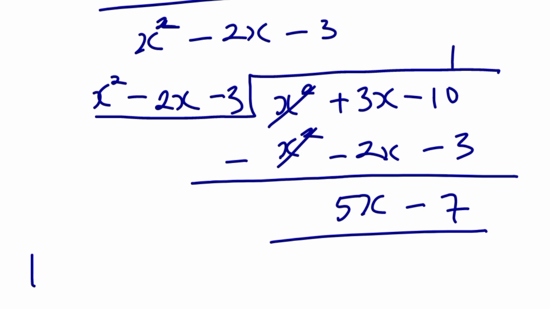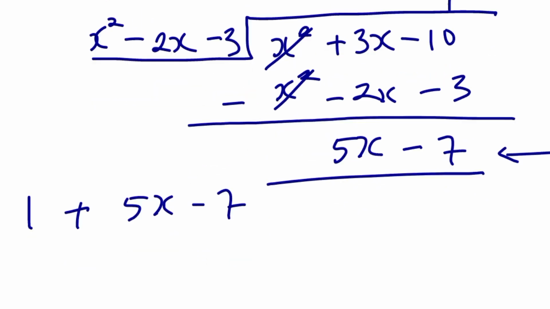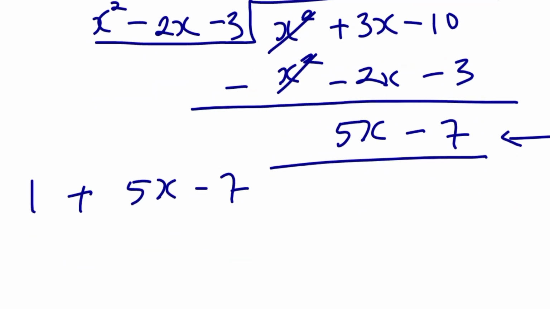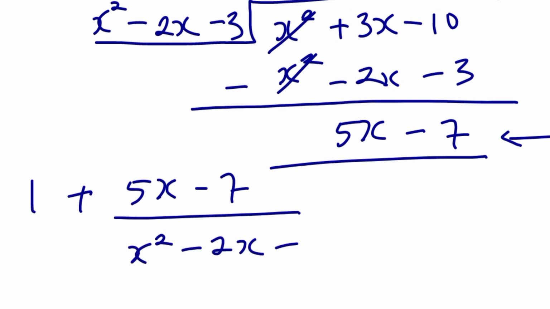The expression above, which is x² plus 3x minus 10 divided by x² minus 2x minus 3, which is our expression, is broken down after division as 1 plus whatever is here, which is 5x minus 7, divided by the denominator, which we already know to be x² minus 2x minus 3.